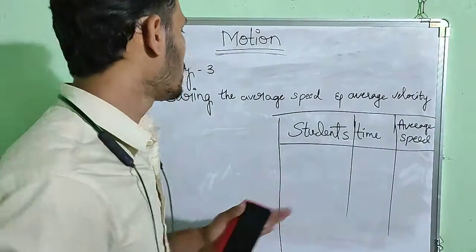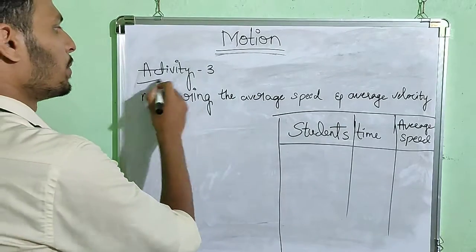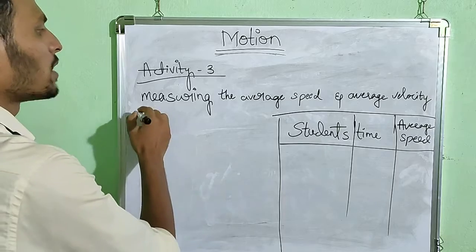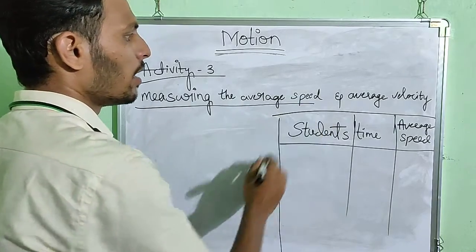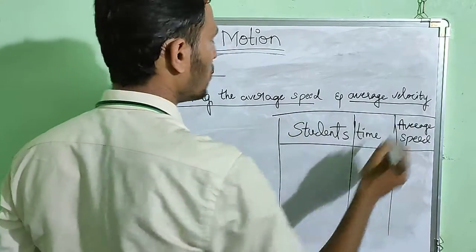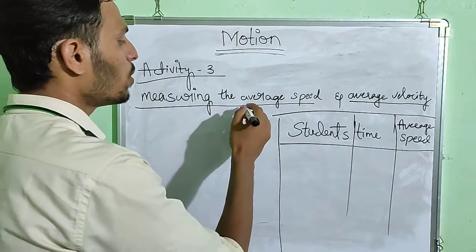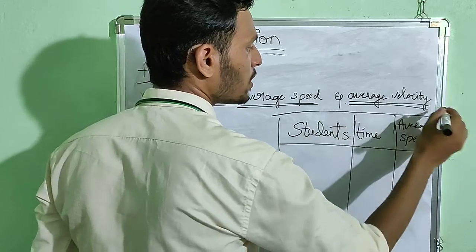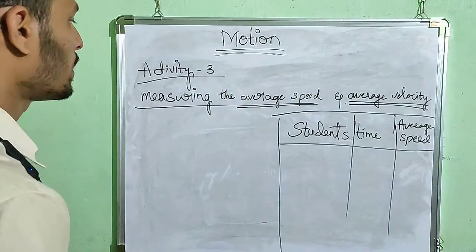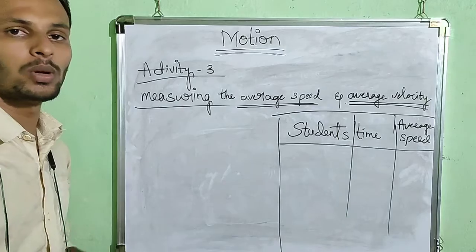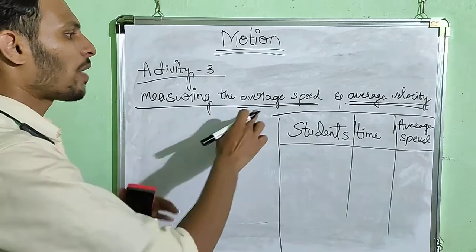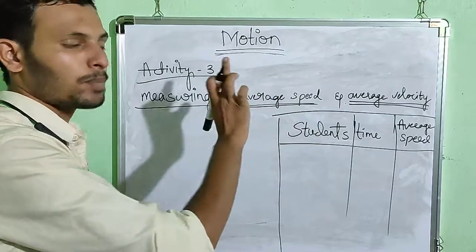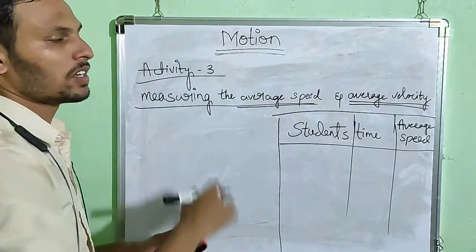Now let us do activity number 3. In this activity, we'll be measuring the average speed and average velocity. We'll do some simple experiment to find out the average speed first.